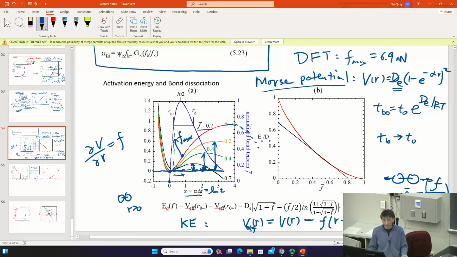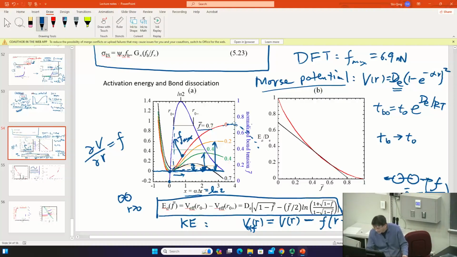How much barrier height I have is analytically given by this expression, where F prescribes the height of the barrier. In fact, this graph plotted that, normalized by the original barrier height, the red curve. If you play enough with it, you find that this red curve can be easily approximated by a quadratic function.